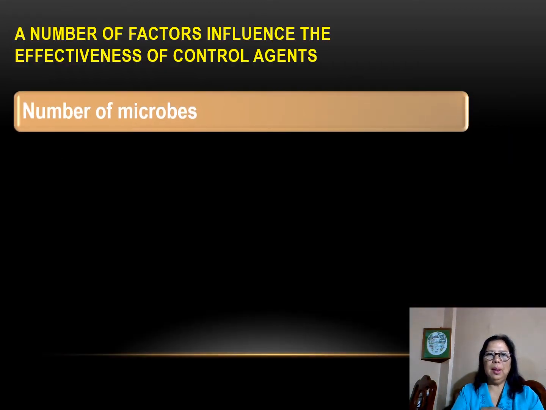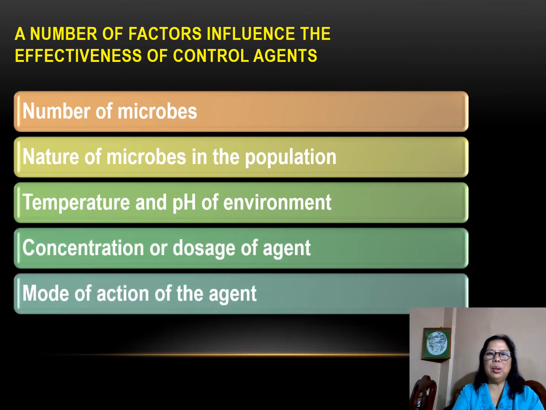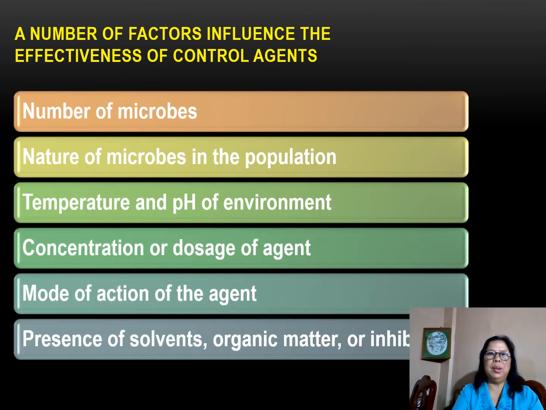Okay, there are different factors that influence the effectiveness of microbial control agents. The number of microbes. Of course, the greater the number of microorganisms, the stronger the microbial agent you need. Nature of microbes in the population.